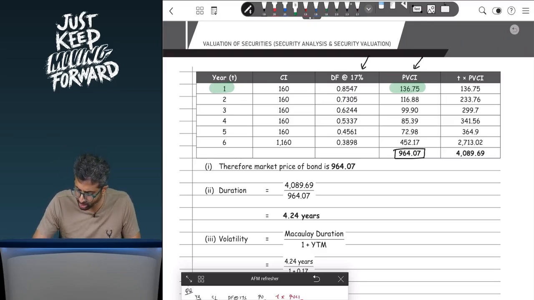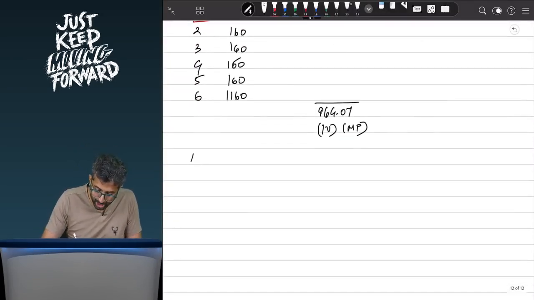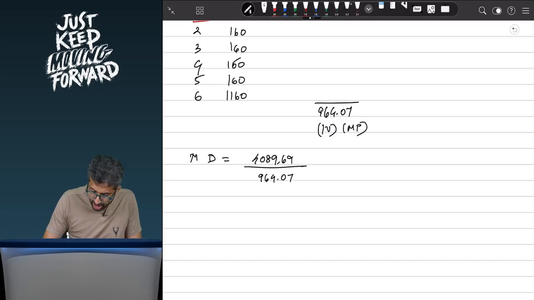So if I take the total, this comes to around 4089.69. So we will say that okay, Macaulay duration will be 4089.69 divided by 964.07. This comes to around 4.24.